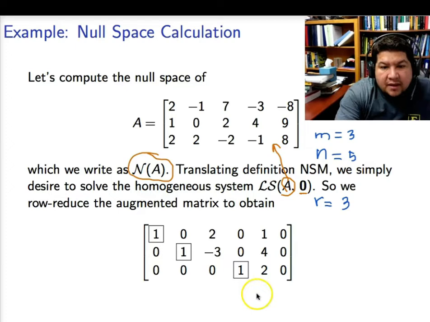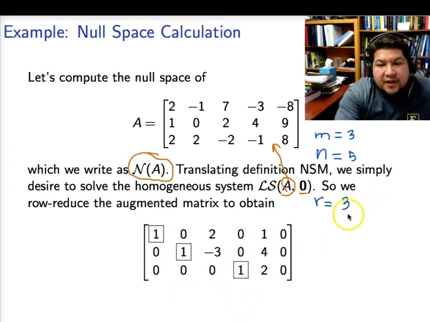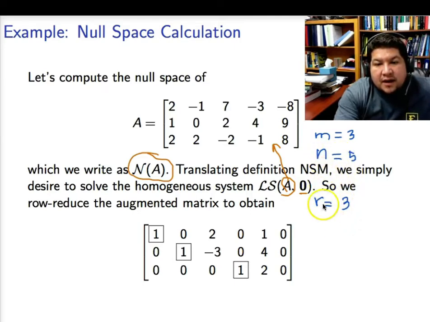And by computing the RREF of this matrix, we find out that little r equals 3. The number of columns and r do not match, and therefore this is a scenario in which the solution set is going to have infinitely many solutions, right?